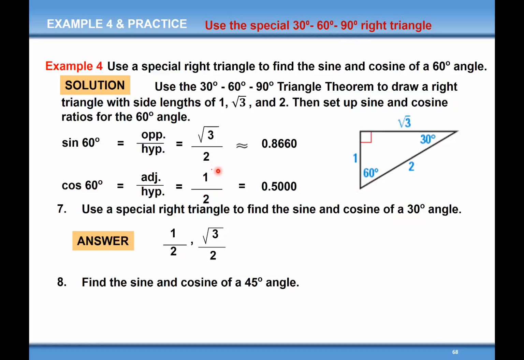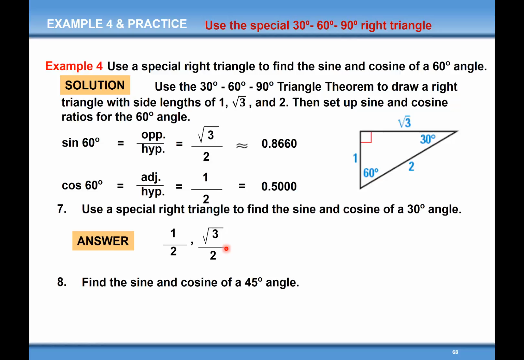Well, that's the same as the cosine of 60. And the sine of 60 degrees is radical 3 over 2, and that is the same thing as the cosine of 30 degrees. So they are the opposite of each other.